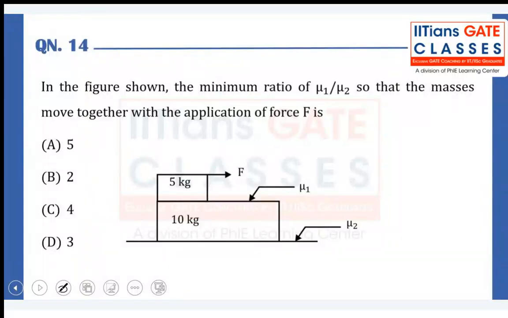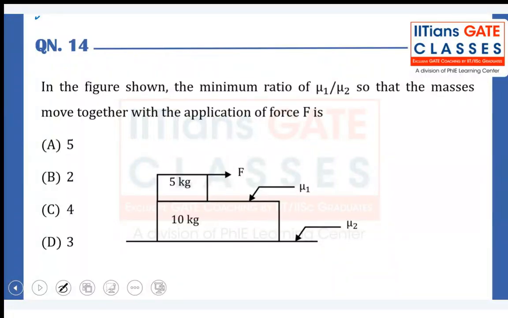Coming towards the next slide, we have a question which is related to the friction topic. In the figure shown, the minimum ratio of mu1 by mu2 so that the masses move together with the application of force F. So let's try to draw the free body diagrams of both the masses.